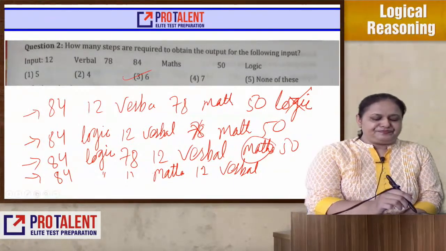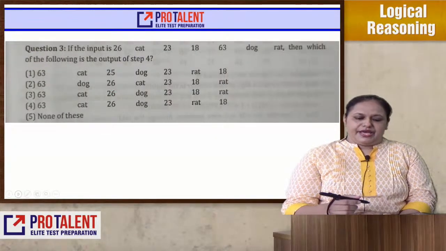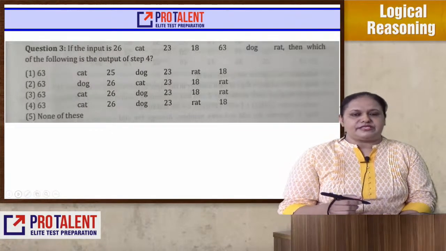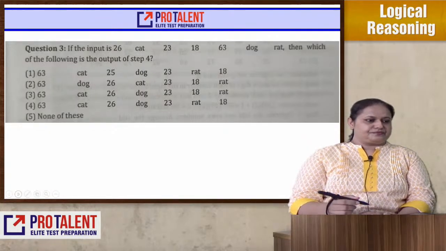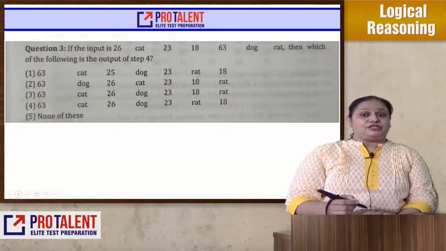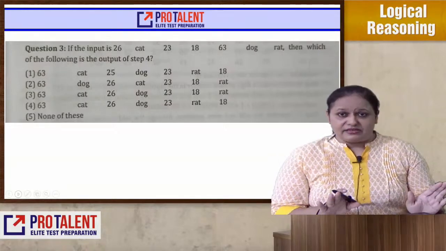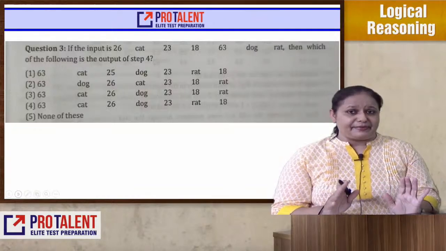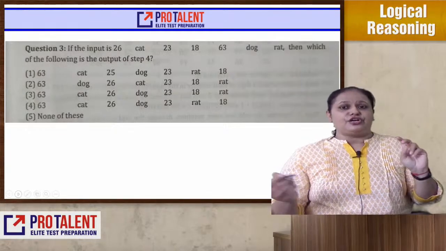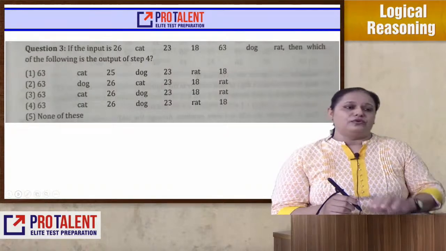Okay, let's go. Next question, question number 3. If the input is this, then which of the following is the output of step 4? Yes, Jay Singh. At present when we are doing the questions, we are not considering the time factor. We are doing it just to understand the concept, and still if the brain is spinning, just imagine the amount of focus, concentration and writing practice you require when you do it time-bound.